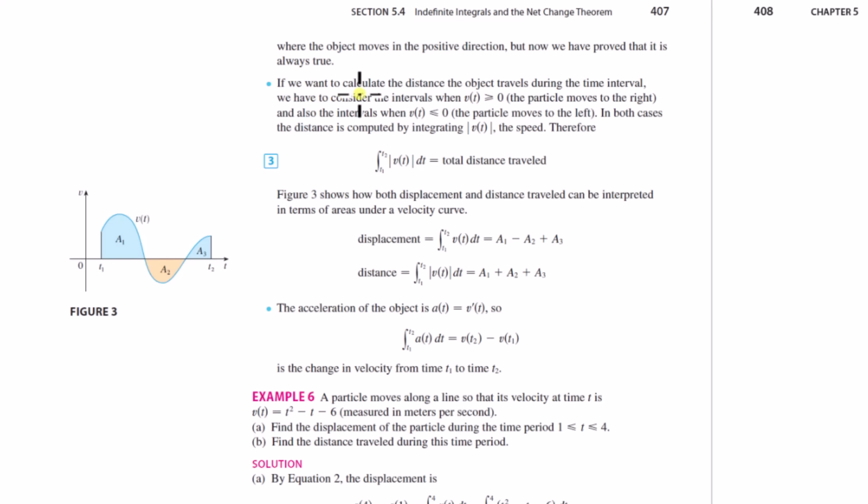It says if we want to calculate the distance an object travels during a certain time interval, this is going to be the total distance traveled, not the actual net displacement. So they thought about a particle moving in a straight line, which can go in the positive or negative direction, left to right.